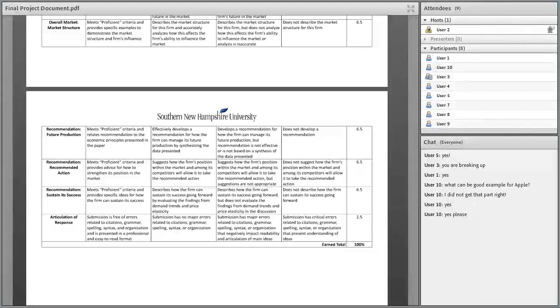You might be basing it on some gut feeling or something you read somewhere, but at the end of the day, you also need to try and apply the principles that you've read in Hubbard, your economics principles. So in the recommended action, you want to provide advice for how to strengthen the position in the market. How can your firm grow and acquire more market share?